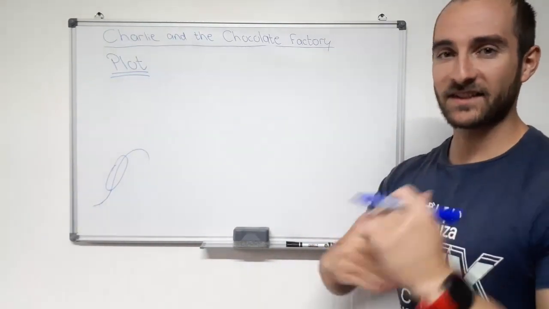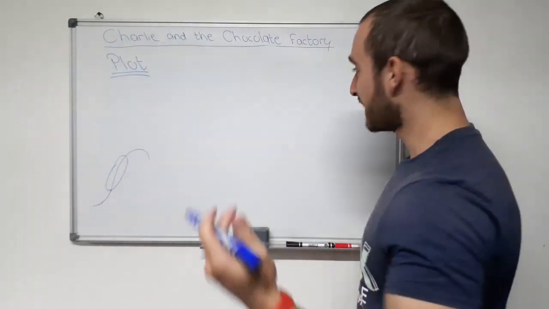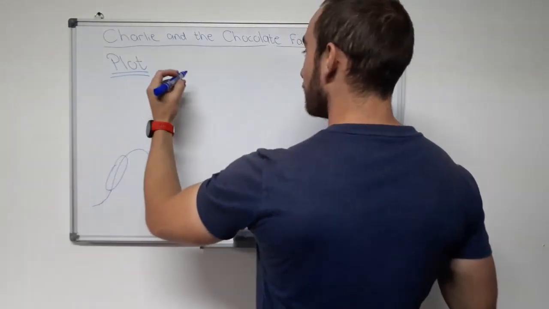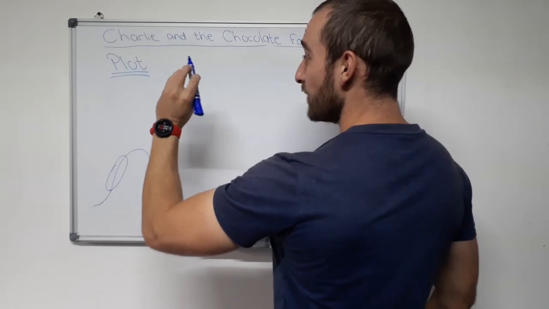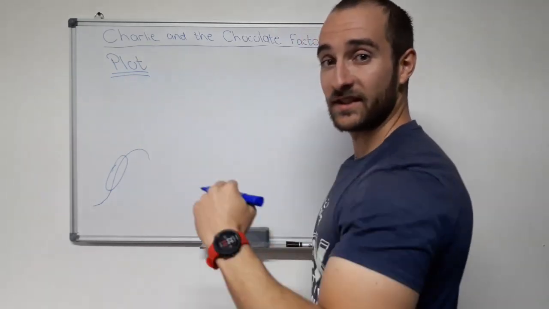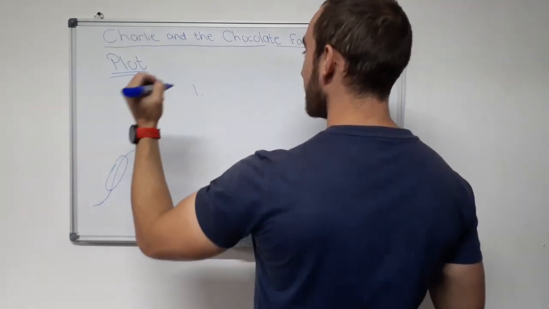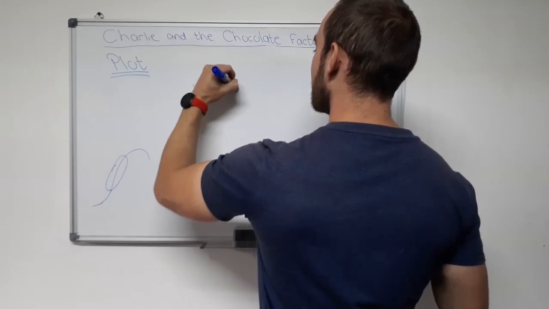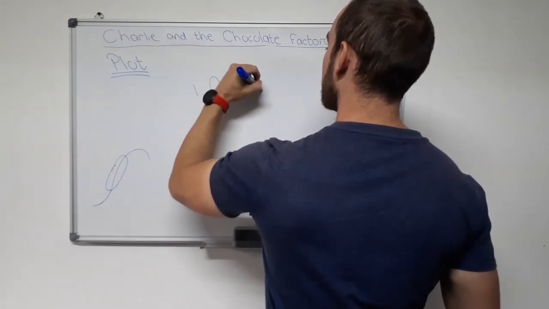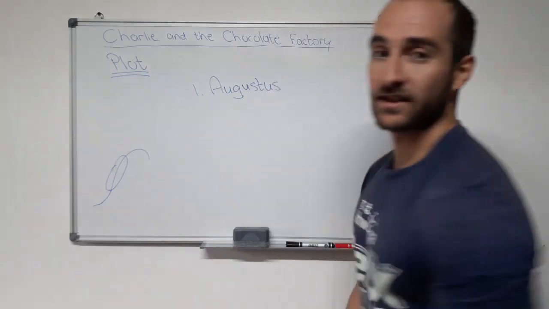It almost creates suspense. Well, it does. And the first thing that happens is we find out about the winners in certain orders. So the first person to get a golden ticket is Augustus Gloop.